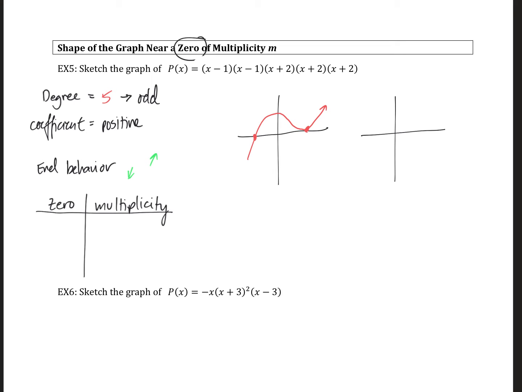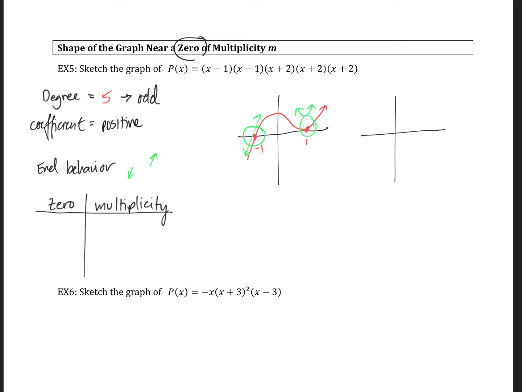We have two zeros, a negative zero, let's say negative 1, and a positive zero, let's say positive 1. Notice what happens at the zeros, or the intercepts. For the negative 1, it just crosses straight through, but for the positive 1, it bounces back. That has to do with the different types of multiplicity we might see.